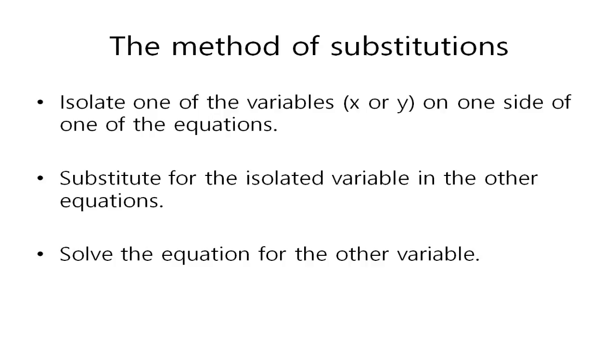Firstly, isolate one of the variables, either x or y, depending on the situation, on one side of one of the equations. Then substitute for the isolated variable in the other equation. And lastly, solve the equation for the other variable. And that will give us x and y, our solutions in the simultaneous equations.